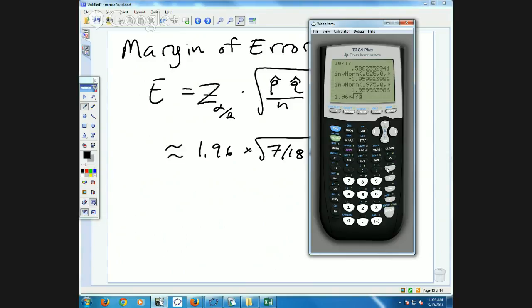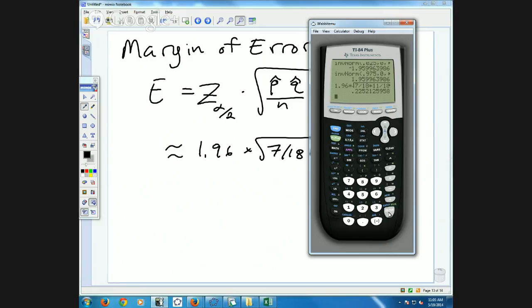I have 7 over 18 times 11 over, oops, I missed something. What's the times of that? 11 over 18 divided by 18? About 0.225 is our margin of error here.